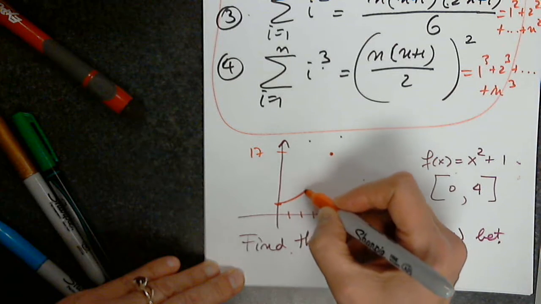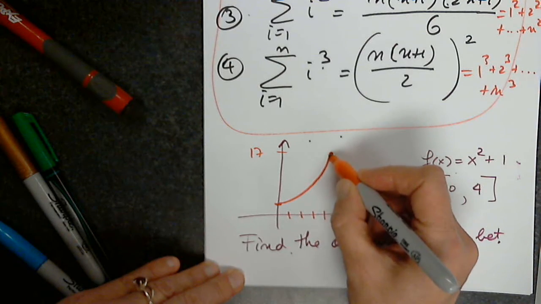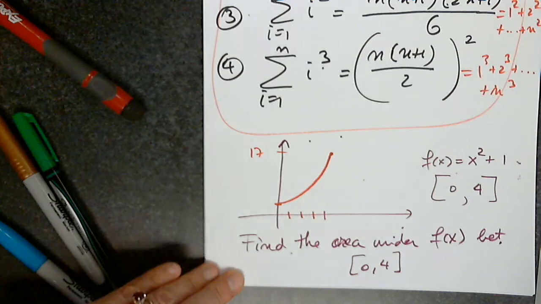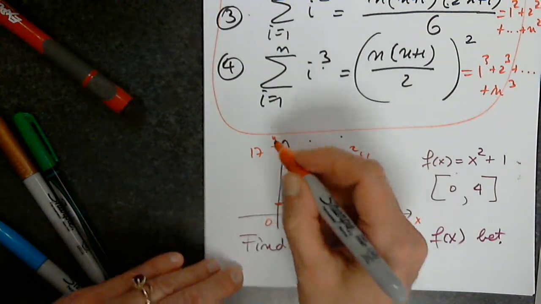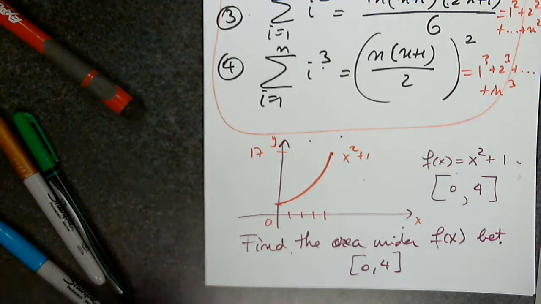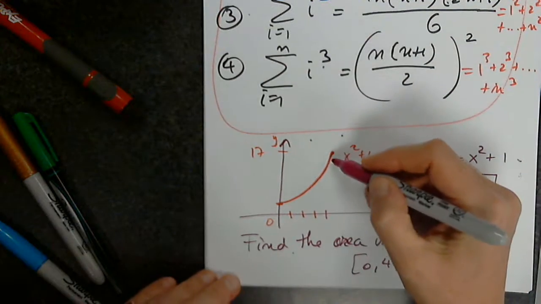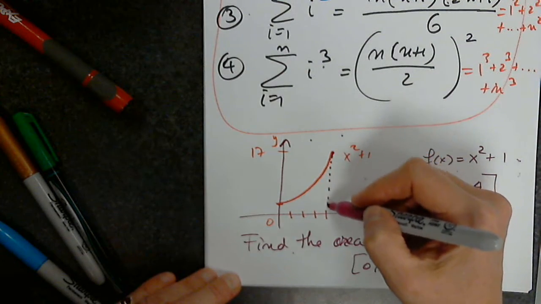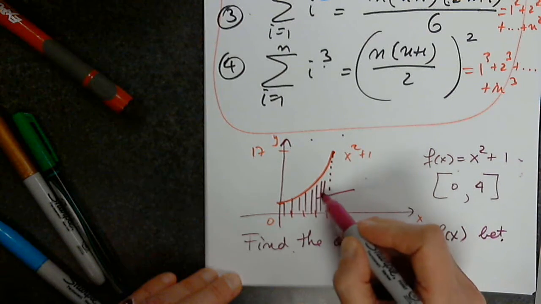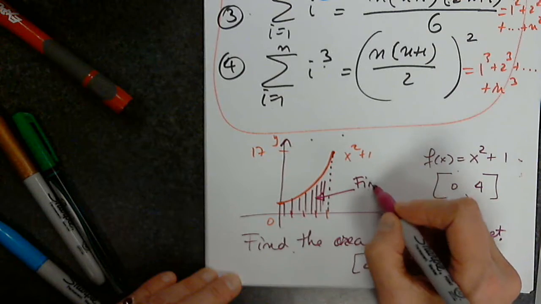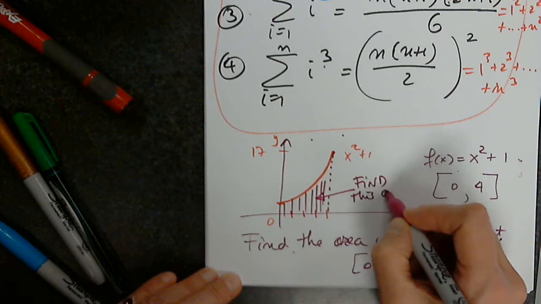And this is the graph of f of x, which is x squared plus 1. And here is the area under the graph. I want to find this. Find this area.